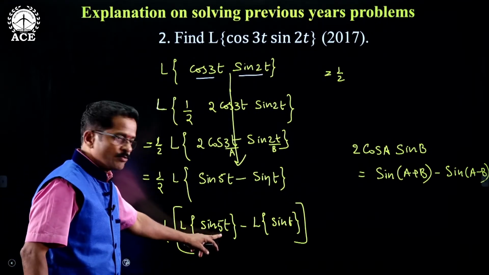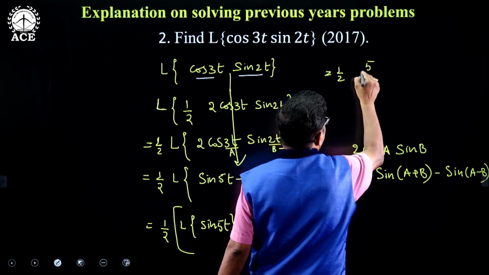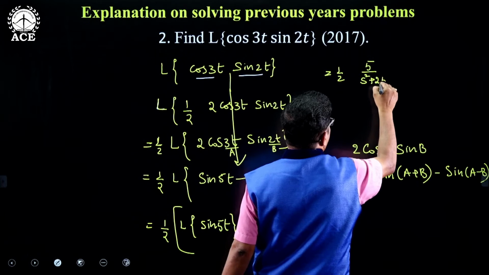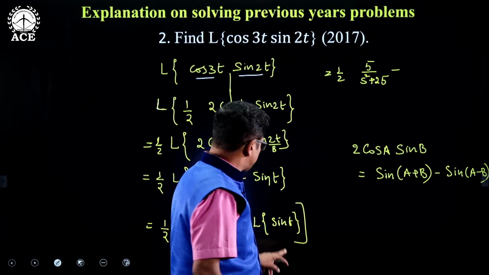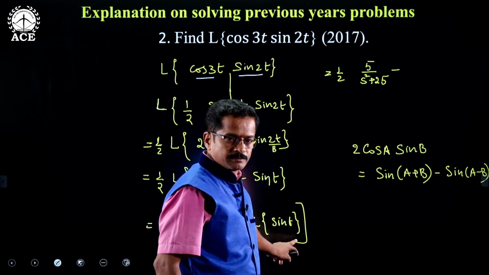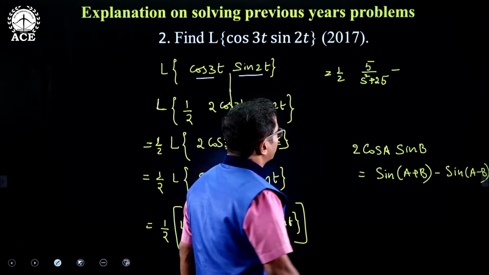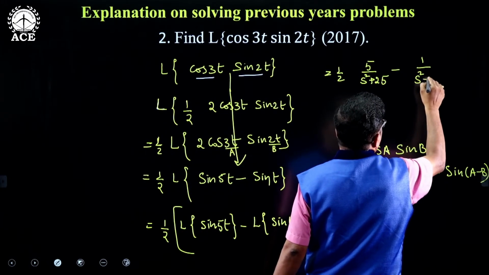In the place of a we have 5, so 5 by s square plus 5 square means 25. I am writing directly minus L of sin t. Sin t means here a is 1, sin 1t. So a is 1, so 1 by s square plus 1 square, that is 1.